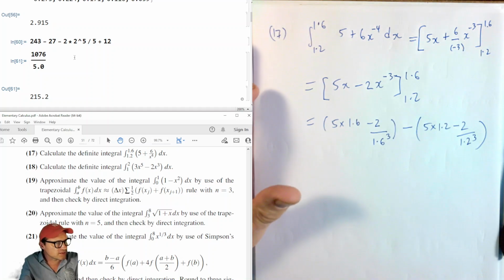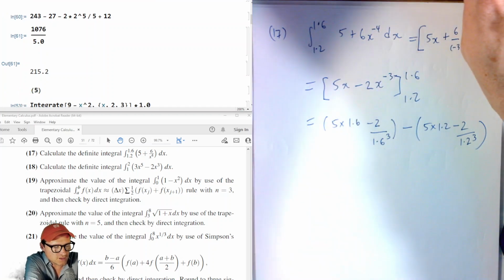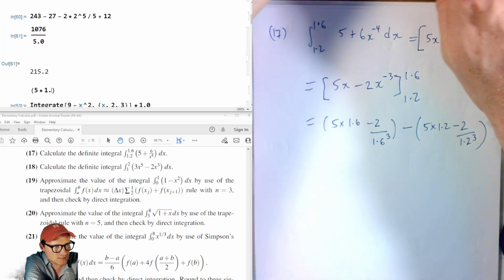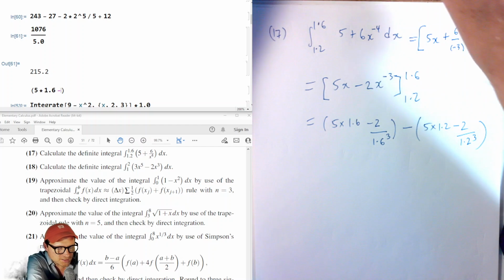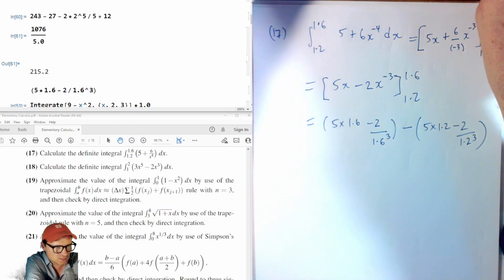Okay, now let's simplify this. 5 times 1.6 minus 2 over 1.6 to the power of 3.